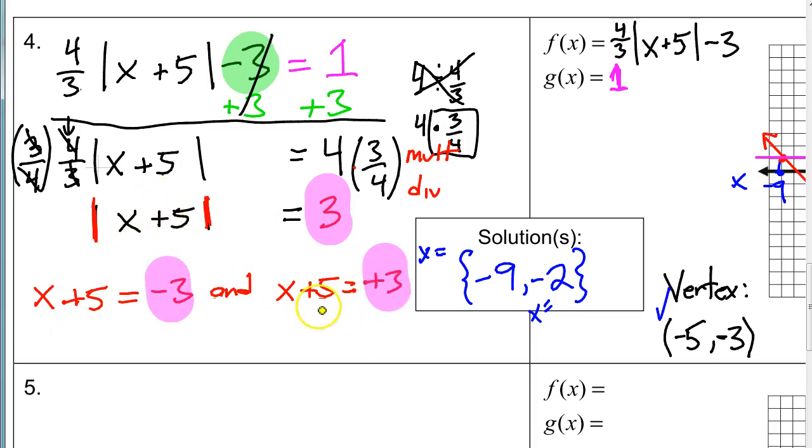Notice how the left-hand side doesn't change at all except for dropping down the value. And so we follow. What do we get? Yeah, we got x equals -8. x equals -2.